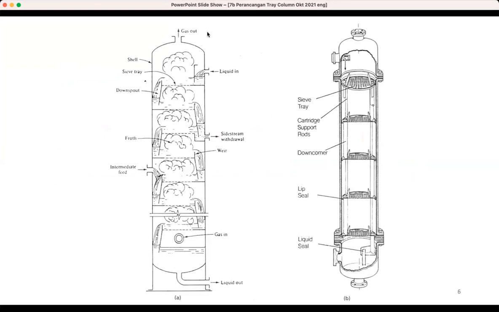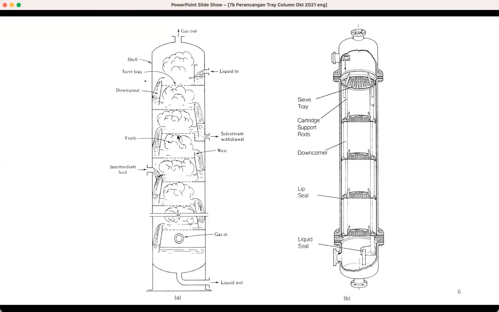So this is a schematic of a distillation column, a tray column. Here we can see this is the tower, and this is the typical one tray, and you see the liquid in, and this liquid would kind of flow over a weir like that. So some liquid will build up here, and after that it will flow to that side and go to the downcomer.